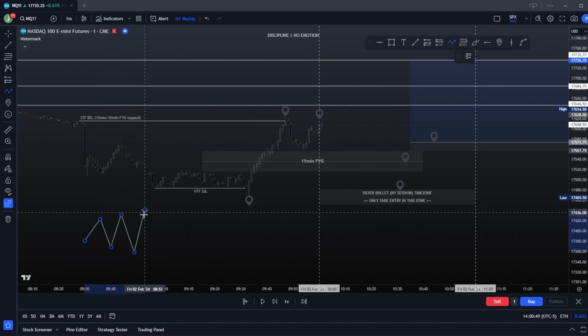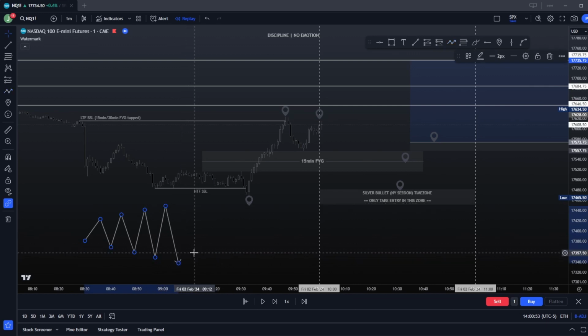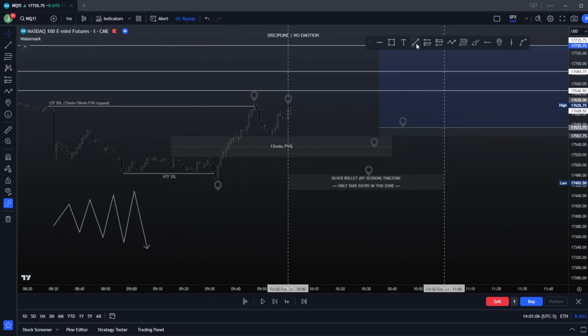It just keeps sweeping the outside lows and highs, and that happens a lot. Just consolidation going into silver bullet, because silver bullet is an expansionary move. And you have something called AMD, which stands for accumulation, manipulation, and distribution.